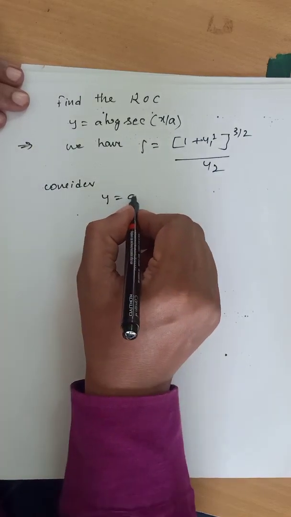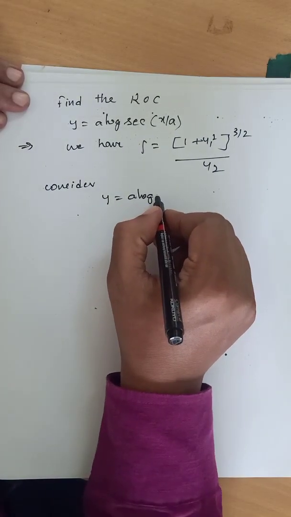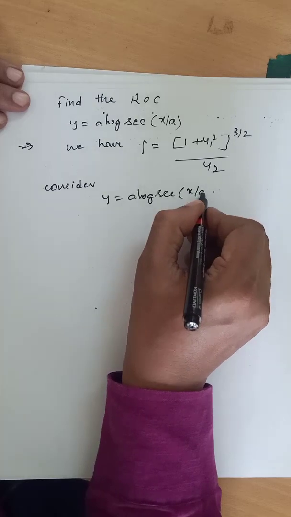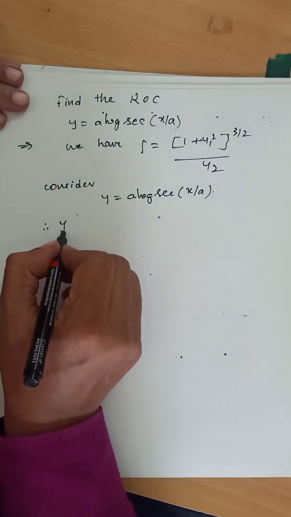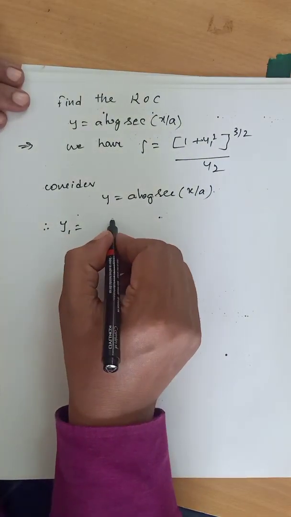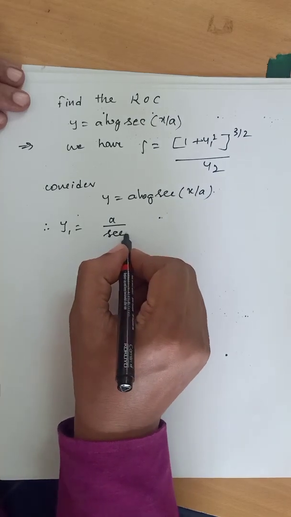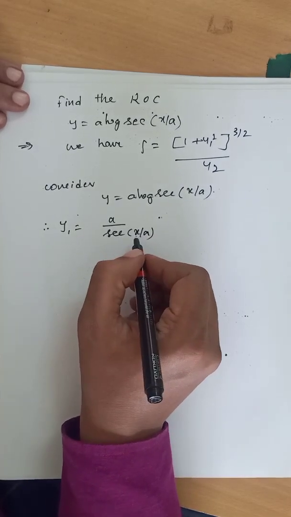Consider y is equal to a into log secant x by a. Therefore y1 is a divided by secant x by a.